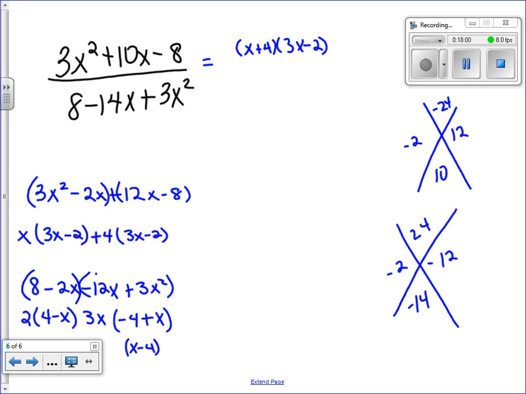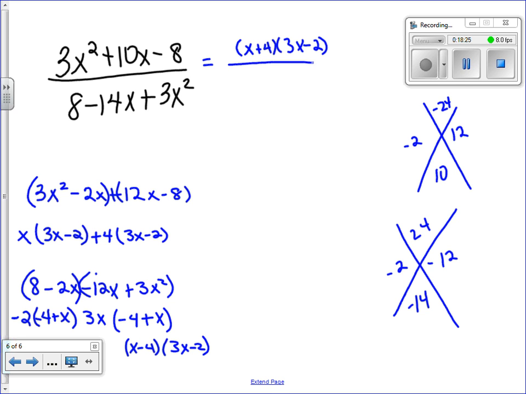Since I'm trying to cancel things out, right now this is 3x plus 2. Could look a lot like that one if instead of taking out a positive 2, I make that a negative 2. Now I have two factors, x minus 4 and 3x minus 2.